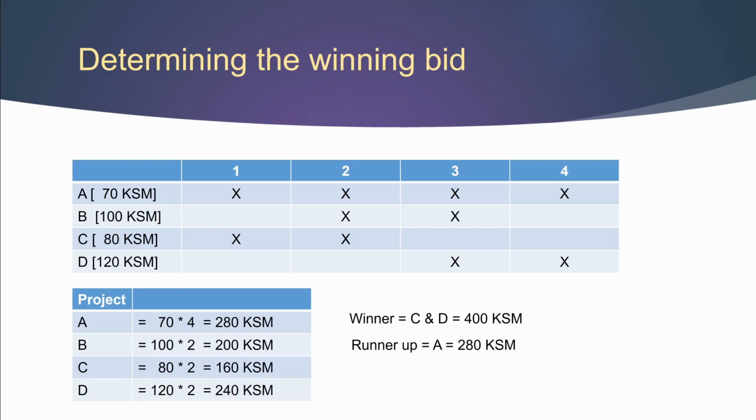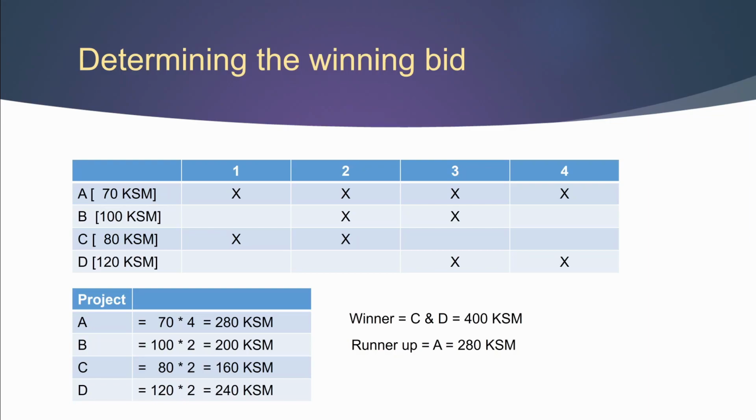We have B at 100 KSM, and B would like slots 2 and 3. C would like slots 1 and 2 at 80 KSM each, and D would like slots 3 and 4 at 120 KSM each.